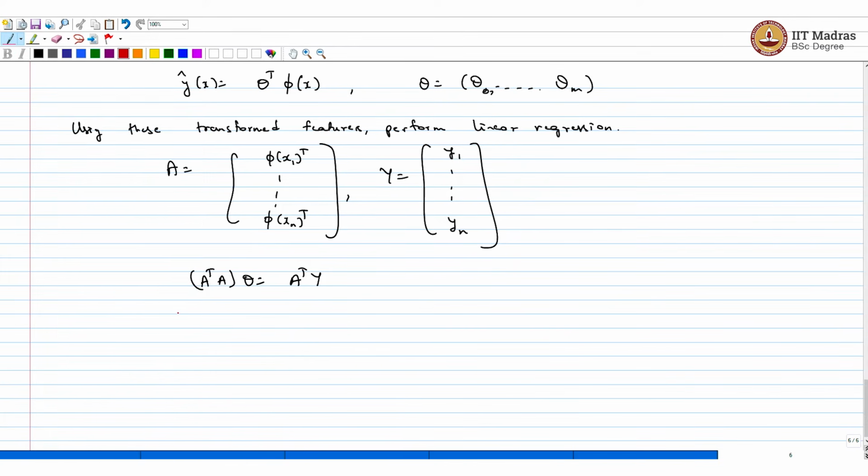The only difference here is that we are using transformed features.